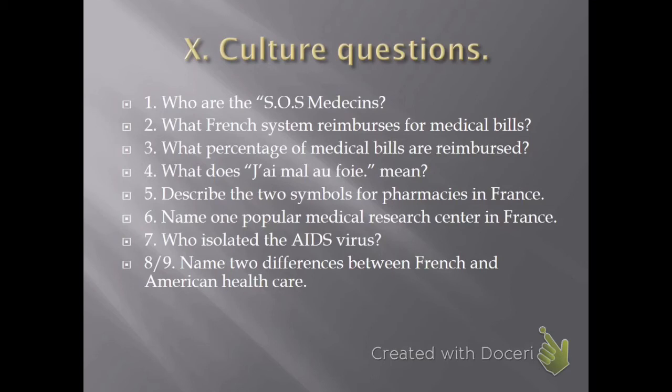If you remember, one of our symbols is the neon green cross that's lit up, and the other symbol is the serpent and the caduceus. Number 6, name one popular medical research center in France. If you recall, we talked about the Institut Pasteur as being a very famous medical research center in France.